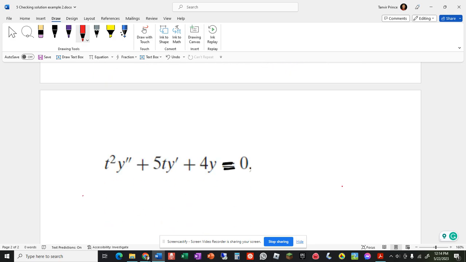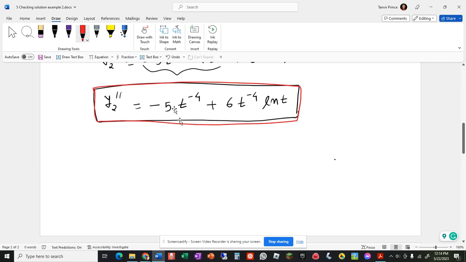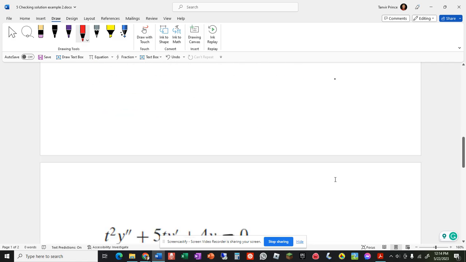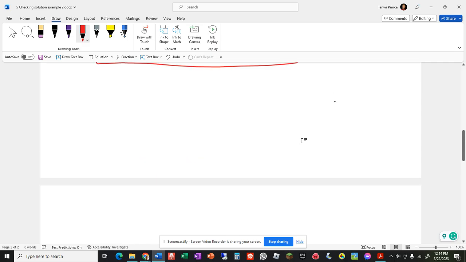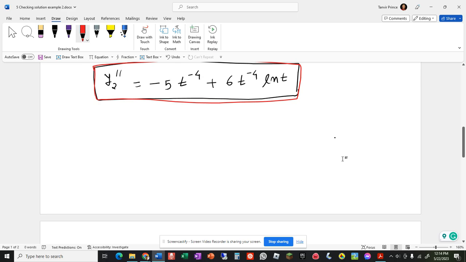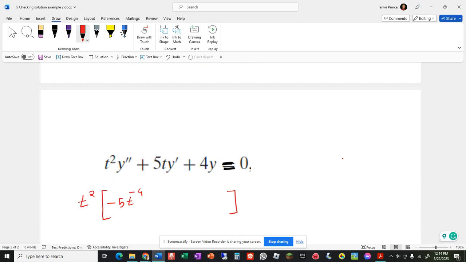So let's do that. I'm going to write t squared times, in place of y double prime, I write y2 double prime, and that is this one. Negative 5 t to the power negative 4 plus 6 t to the power negative 4 ln t. Continue, plus 5t times y prime.